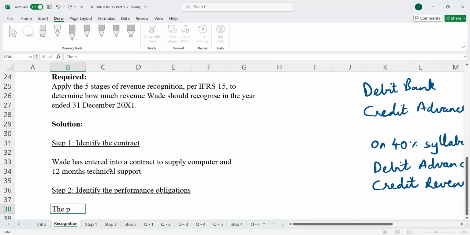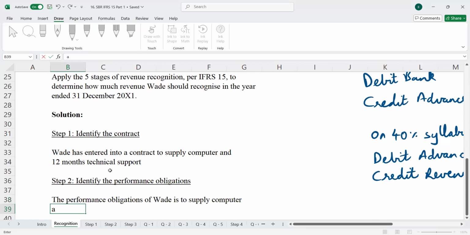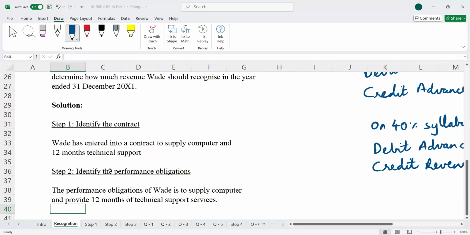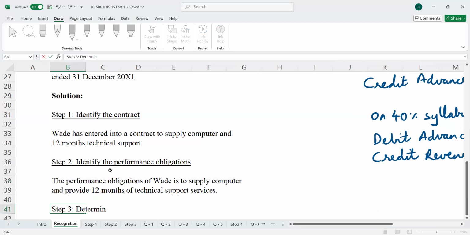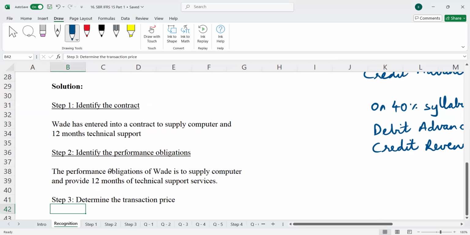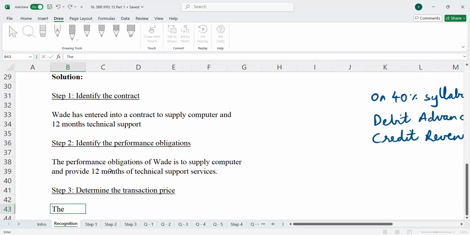The performance obligations of Wade are to supply computer and provide 12 months of technical support services. Okay. Next, step three. What was step three? Determine the transaction price. The transaction price is dollar 420.